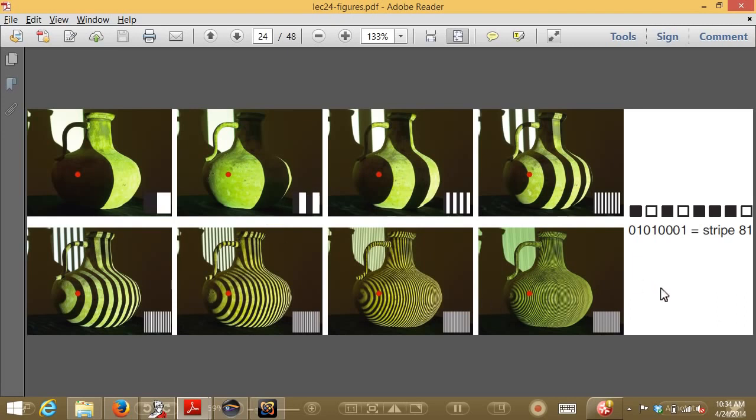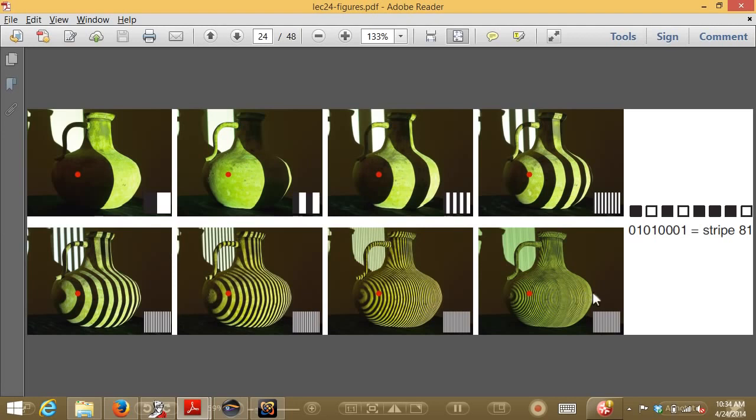If I arrange these patterns in a certain way, there are 8 possible on-off positions corresponding to the 256 finest stripes that I've got.